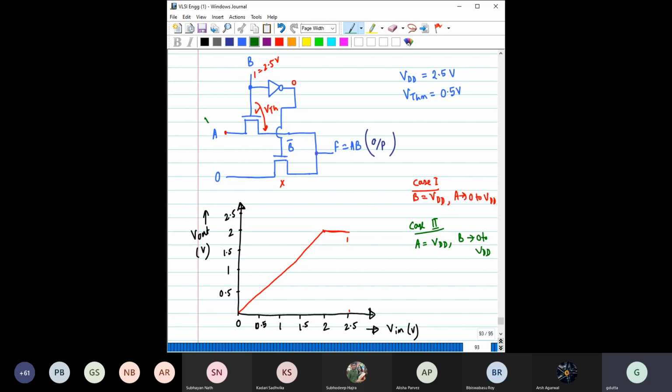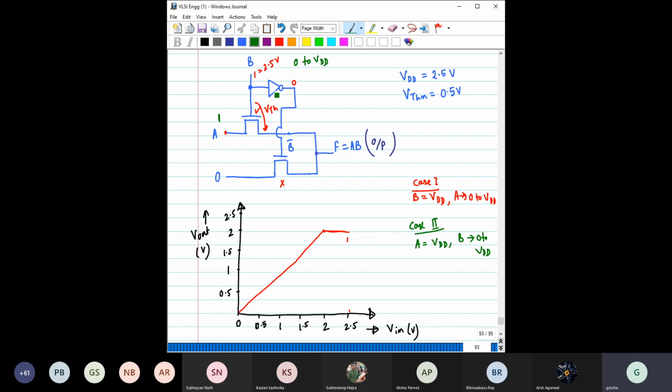A is fixed at VDD, so A is basically equal to 1, and B is changing from 0 to VDD.